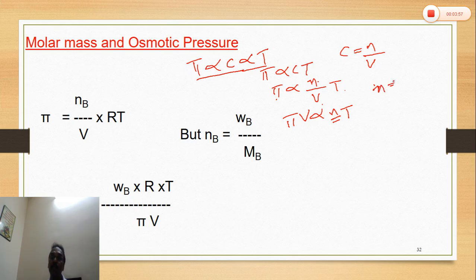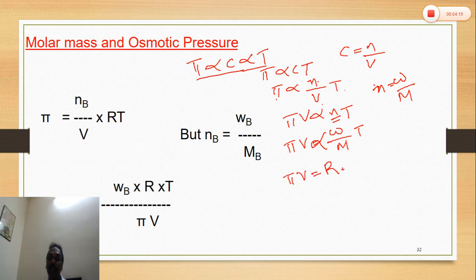So we can write pi V is proportional to W by M into T. This proportionality can be changed into an equation: pi V is equal to a constant R into W by M into T, where the constant R is called the solution constant.